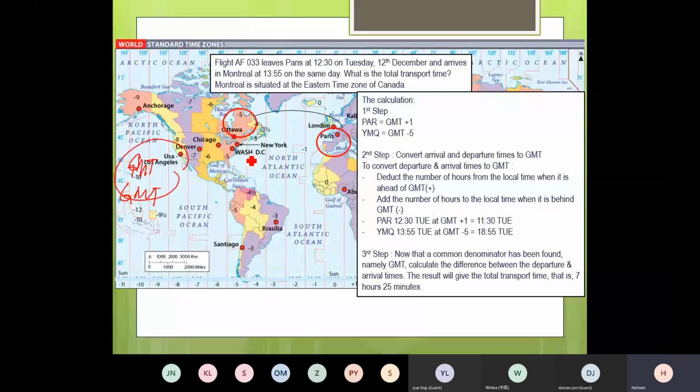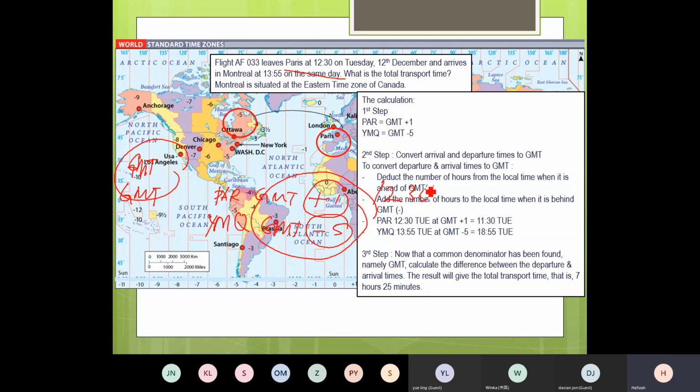But now, first we know that Paris GMT is +1, and Montreal is GMT -5. So now we cannot use these two to minus anymore, but we can use this and this to indicate the time, because both are giving the time already. So you see, Paris is 12:30 and Montreal has its time too.